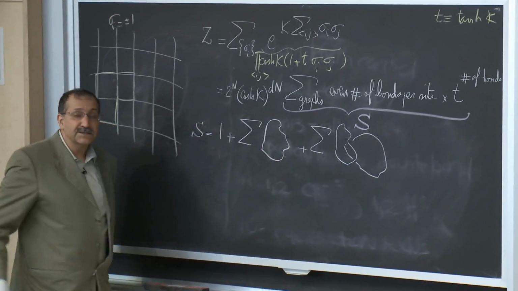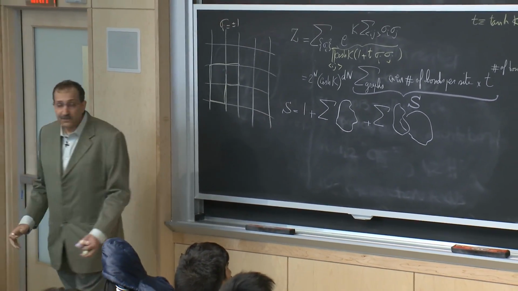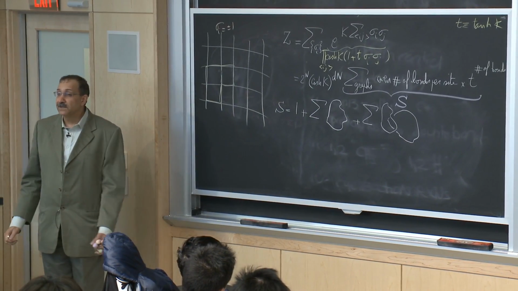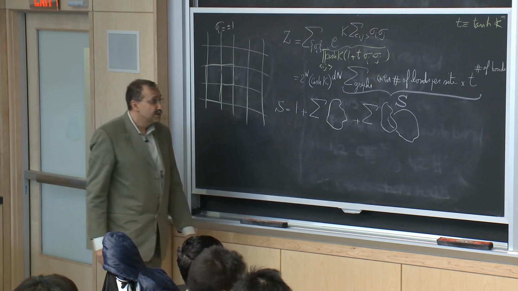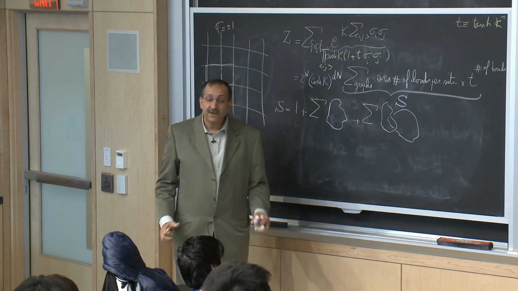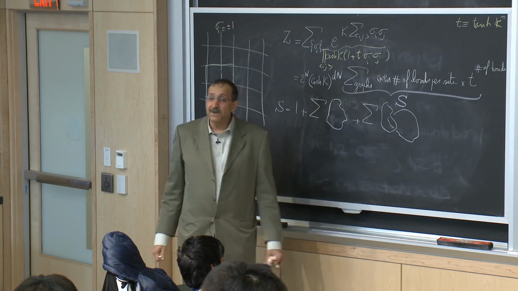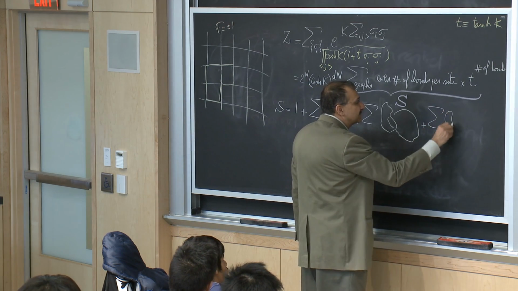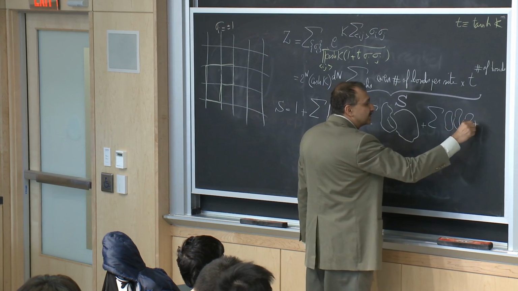Since this can be translated all over the place, this would have a factor of N for a lattice that is large, forgetting side effects and edge effects. This would have a contribution, once I slide these two with respect to each other, that is of the order of N squared. And then I would have things that would be 3 loops and so forth.